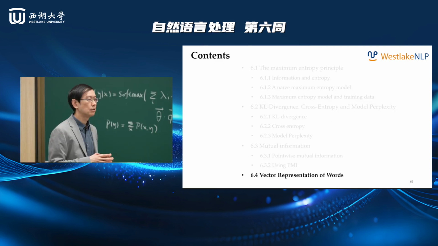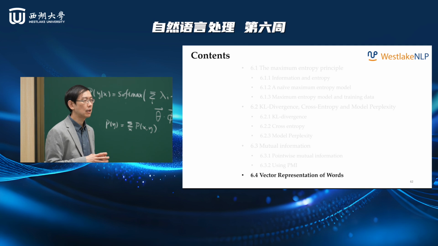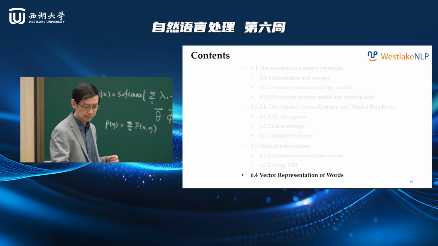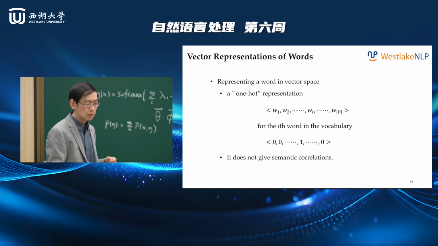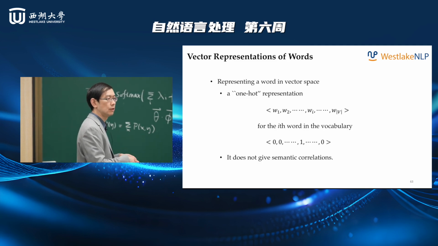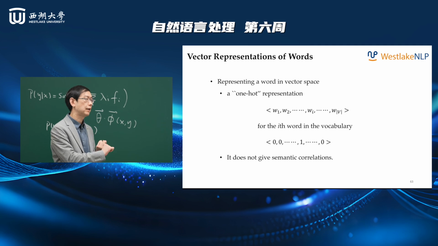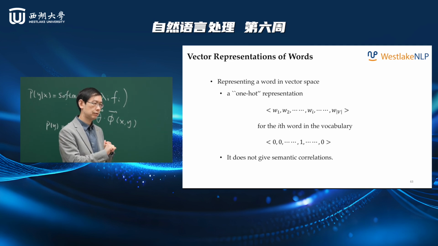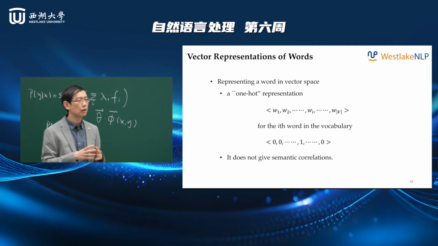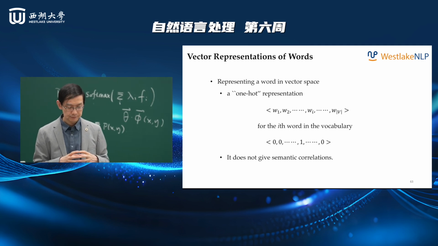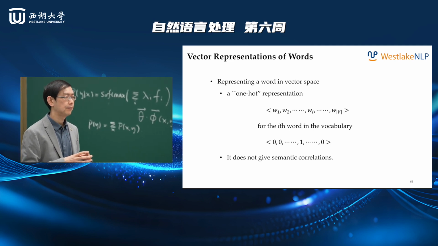Okay, so now we are ready to discuss the representation of words. We used to turn documents into vectors: count-based vectors, TF-IDF vectors. Can we turn words into a vector? Of course.